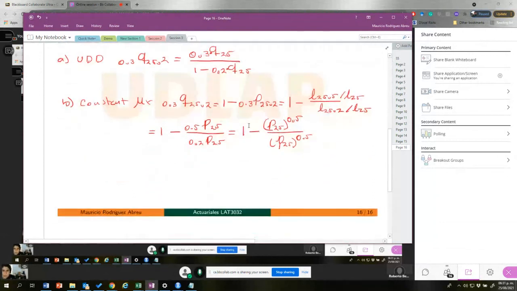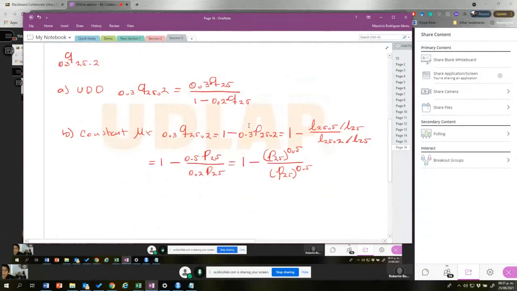And now let's do the hyperbolic, and let me write down this expression. I'm not going to write all the expression. 0.3 q of 25.2 is 0.3 times q of 25 divided by 1 minus 0.2 times q of 25.